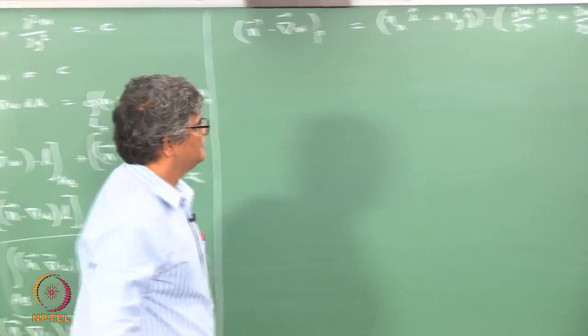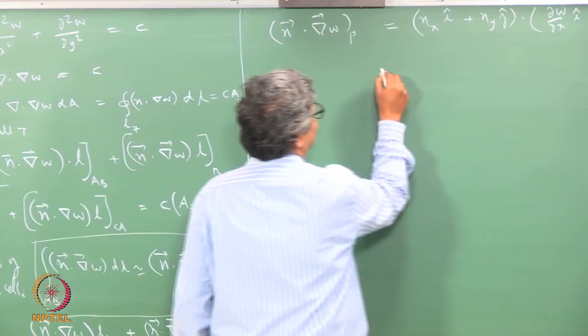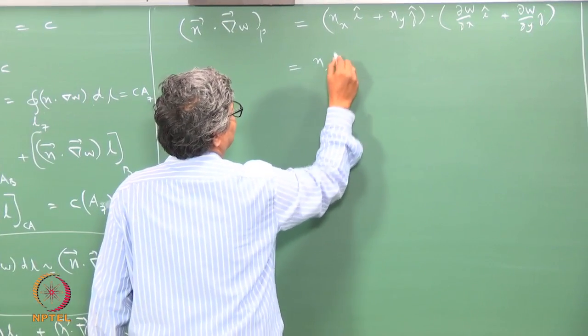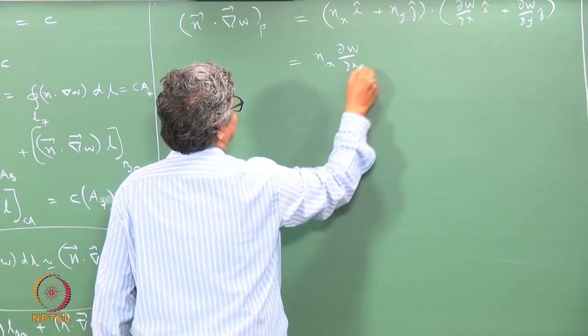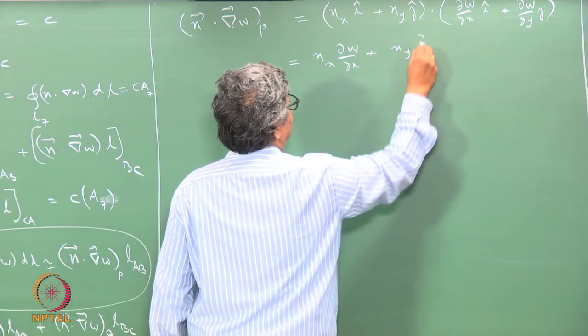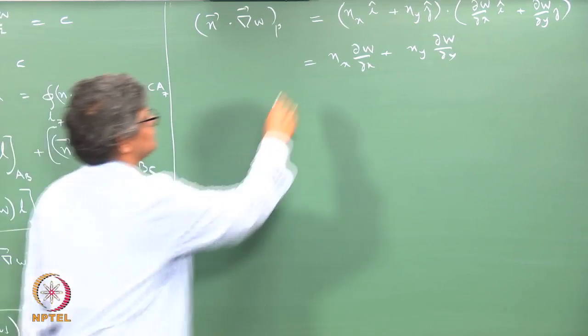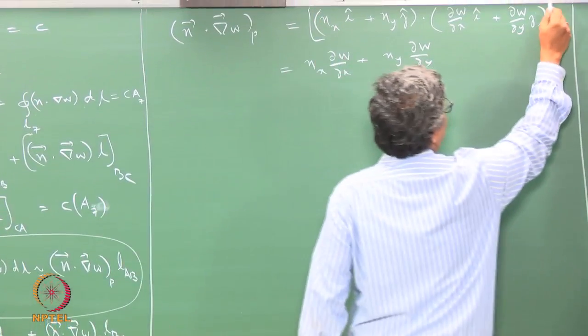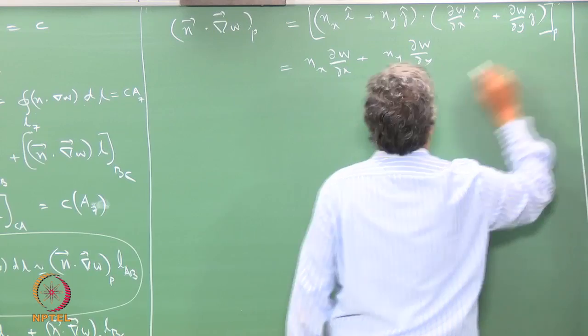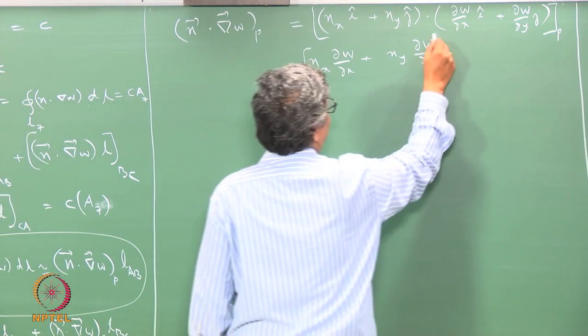Because it is a dot product, this becomes nx dou w by dou x plus ny dou w by dou y. This whole thing is evaluated at point P.